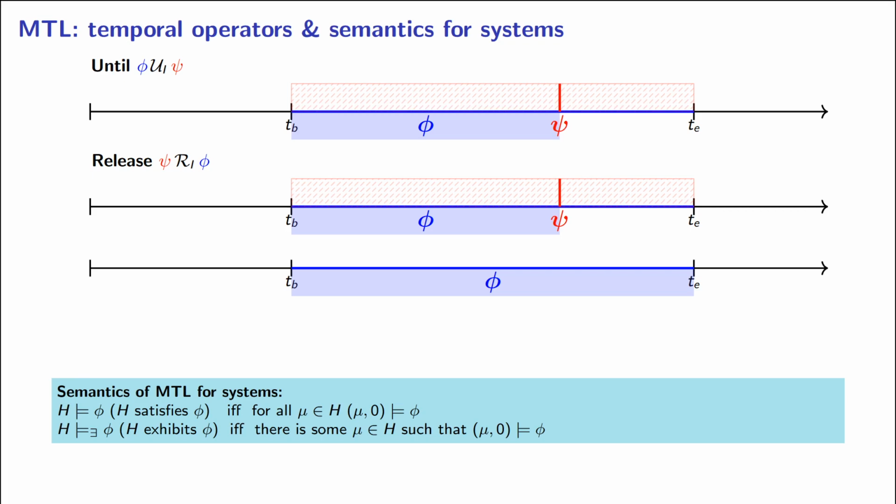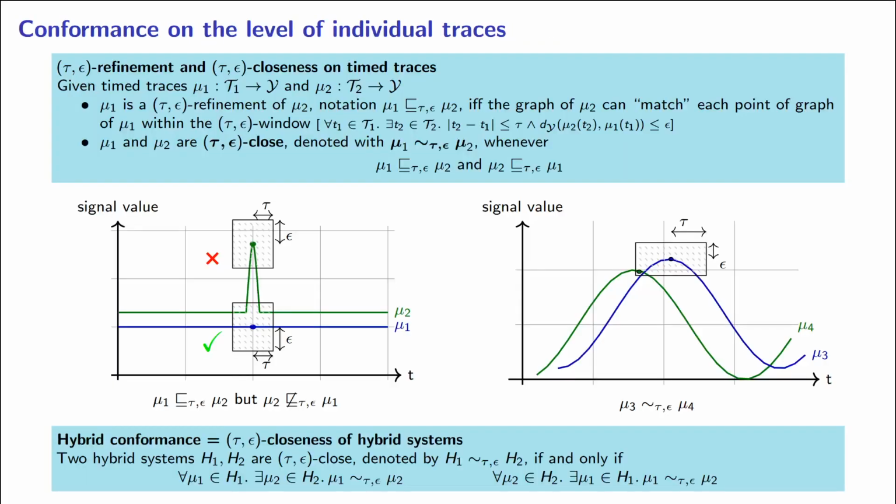So we can take into account formulae for which there is an execution trace that satisfies them. And it's somewhat similar to characterizations of semantics in Van Glabeck spectrum and variants of Hennessy-Miner logic. So we also introduce this relation that system exhibits a formula if the formula holds for some trace of the system. So we have determined our logic, and now we move to our conformance relation.